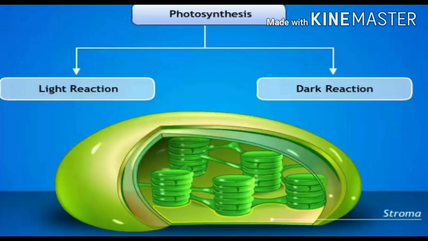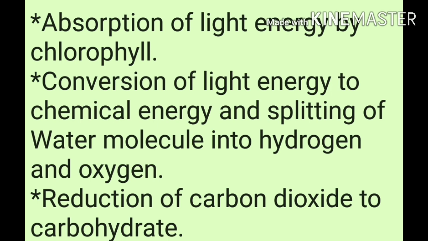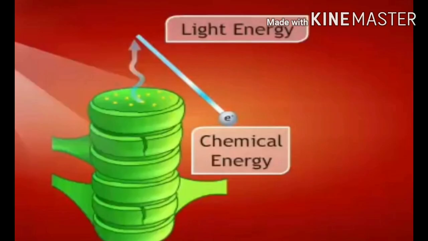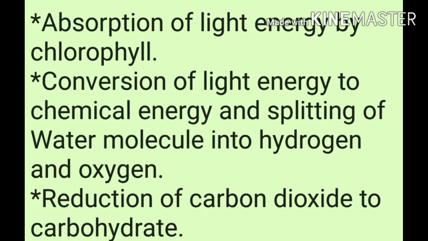During these two stages, the following events occur: absorption of light energy by chlorophyll, then conversion of light energy to chemical energy and splitting of water molecules into hydrogen and oxygen, then reduction of carbon dioxide to carbohydrates.